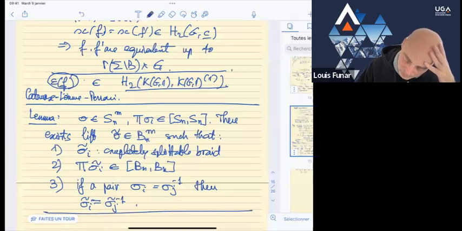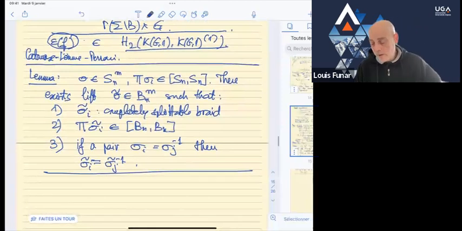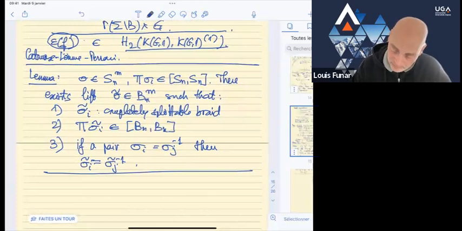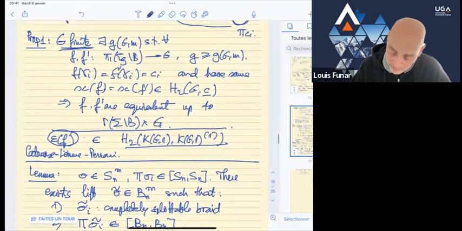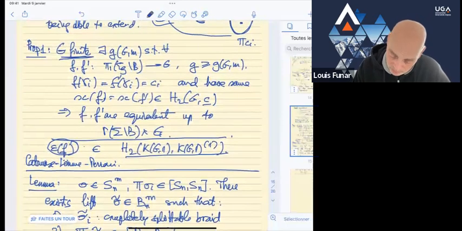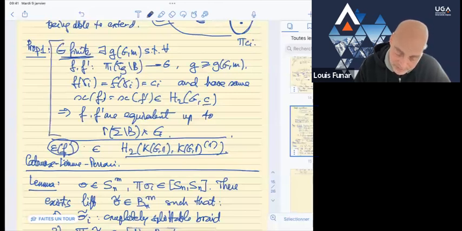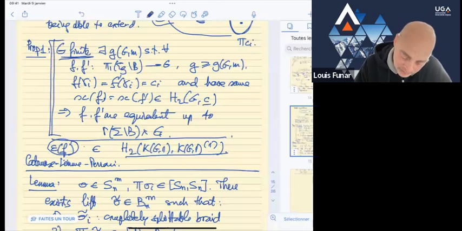And if you are able to do that, this is a purely combinatorial question, then everything which has been proved before in the unramified case goes on for the ramified case using this proposition. As I said, this proposition is a mixture between Dunfield and Thurston and the old theorem of Livingston and Zimmermann.